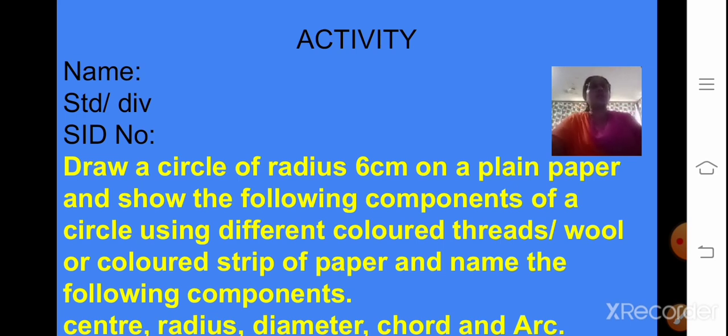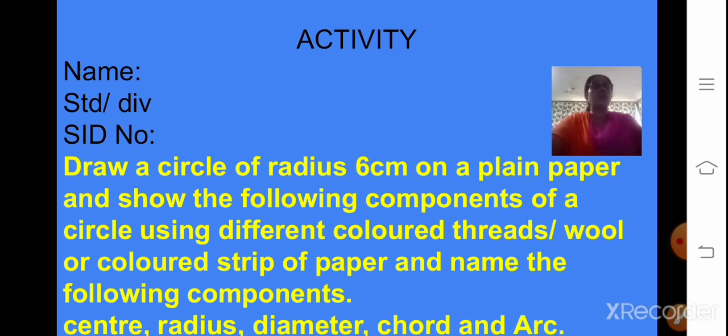You have to draw a circle of radius 6 centimeter on a plain and neat paper and show the following components of a circle using different colored threads, wool or colored strips of paper. Whatever components you are drawing, you will stick that thread or wool on it and name it. If you don't have colored thread or wool, you can also use color crayons. And you will name the following.